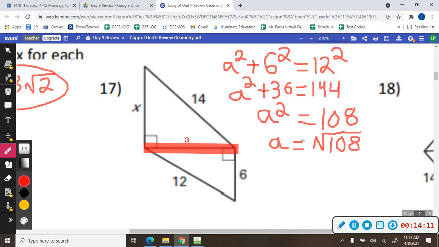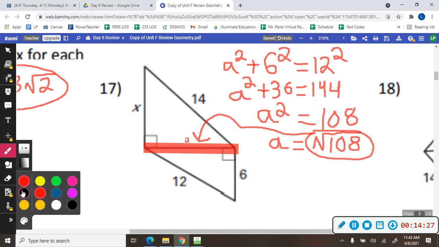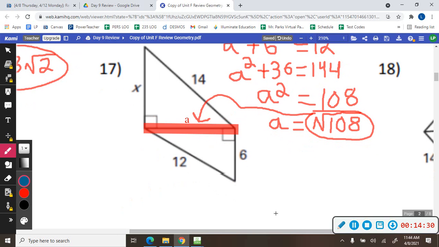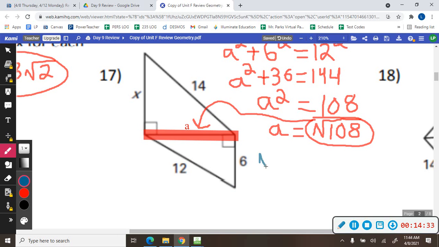So all I found so far is that square root of 108 goes here. I could then use a squared plus b squared is c squared. So that'd be square root of 108 squared, I need to square this, plus x squared equals 14 squared.